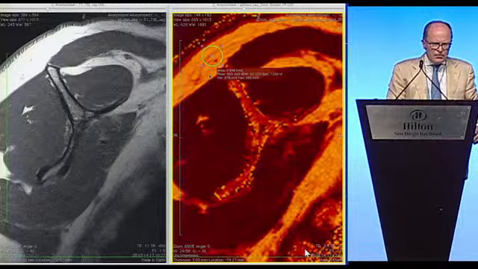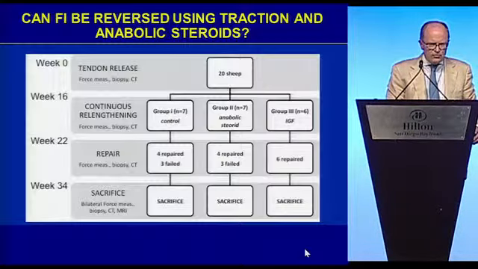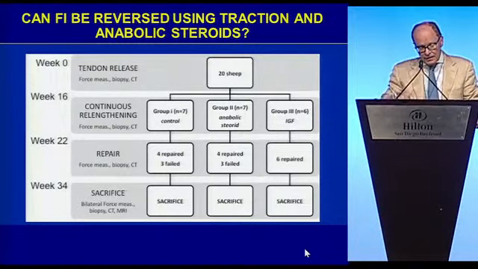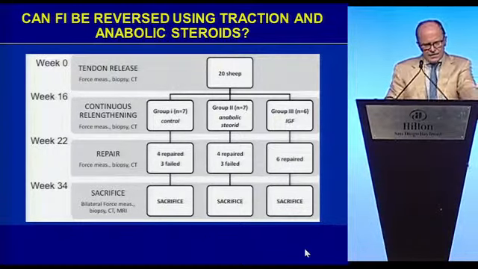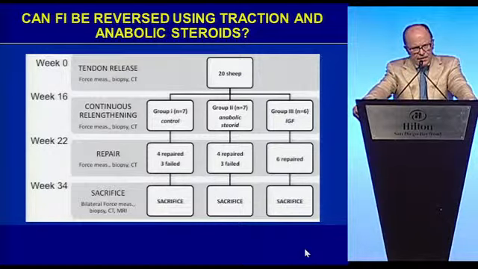Now, this is an interesting dream because now at least we have a means that we can measure very exactly with Dixon sequences the fatty infiltration quantitatively, as you saw on the last slide. We have then tried to reverse fatty infiltration using anabolic steroids and traction, and this in sheep.